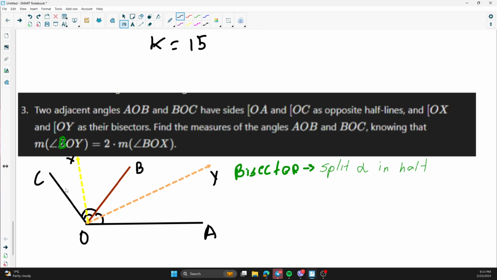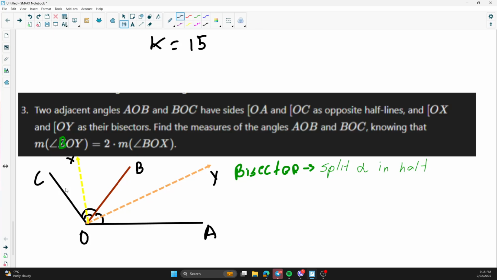How will you approach this problem? How will you solve that?